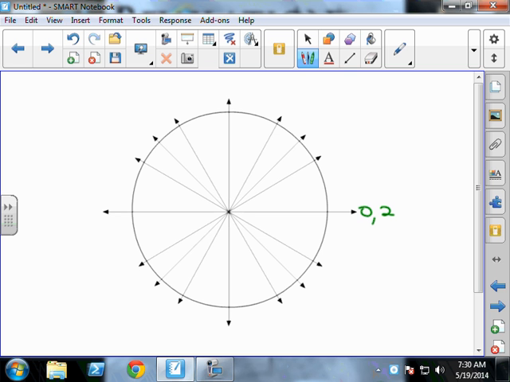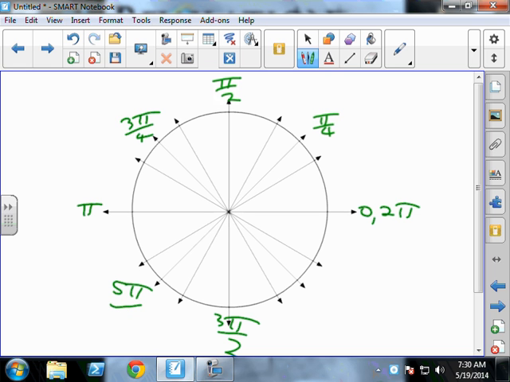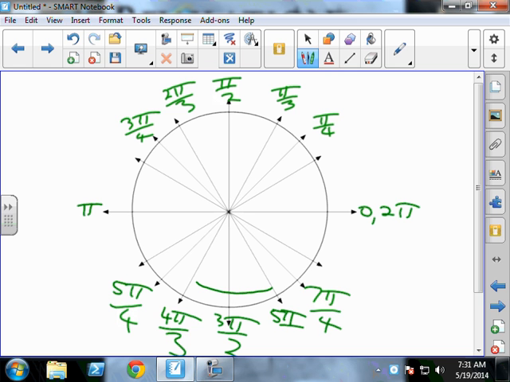So we got 0 and 2 pi, pi over 2, 3 pi over 2, pi over 4, 3 pi over 4, 4 pi over 4, so 5 pi over 4, 6 pi over 4, so 7 pi over 4. And then going to the thirds, we got pi over 3, 2 pi over 3, 3 pi over 3 puts us at pi. So when we go another 60, it's 4 pi over 3. And again, another 60, that's 5 pi over 3.